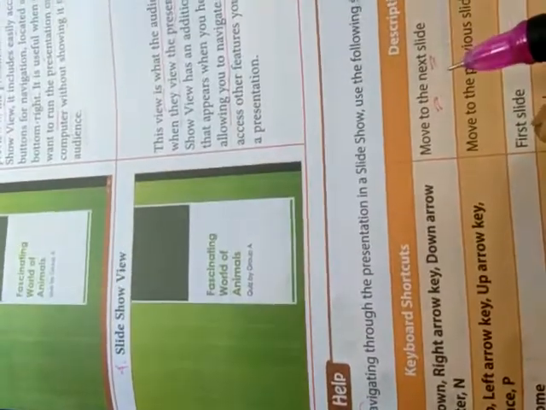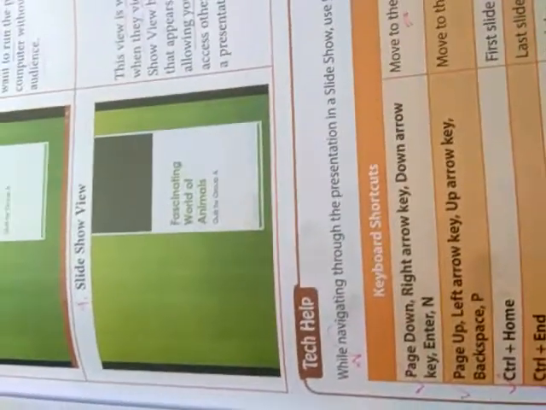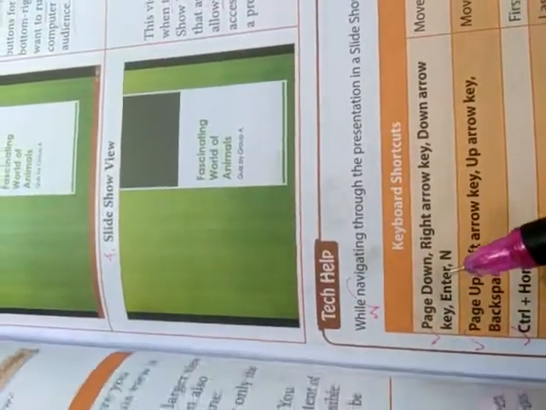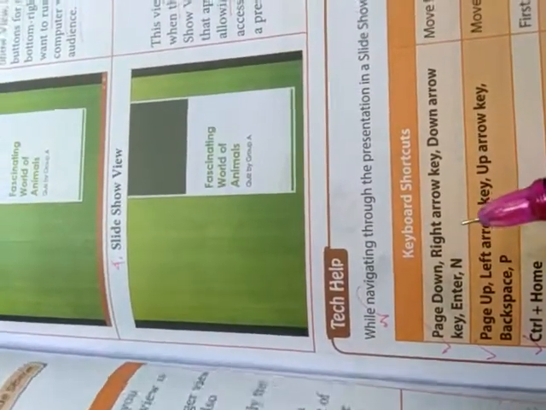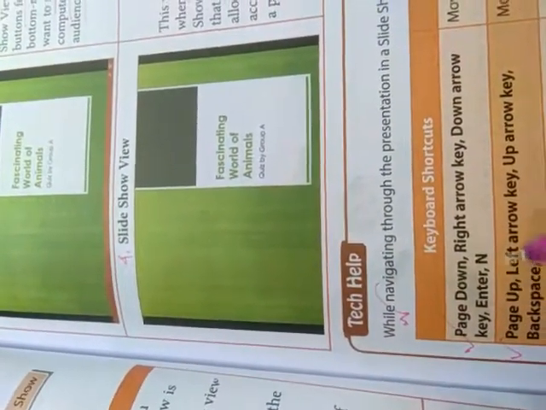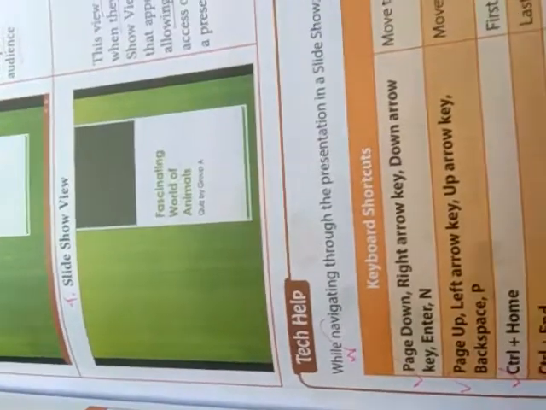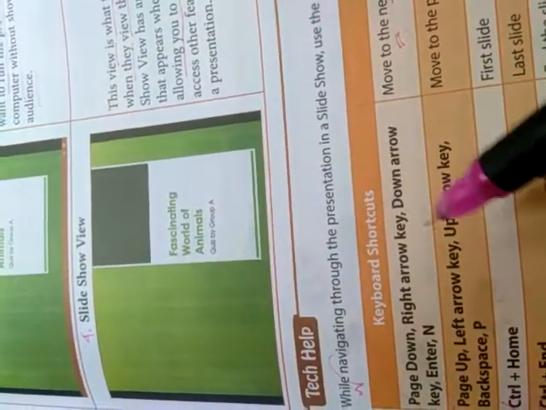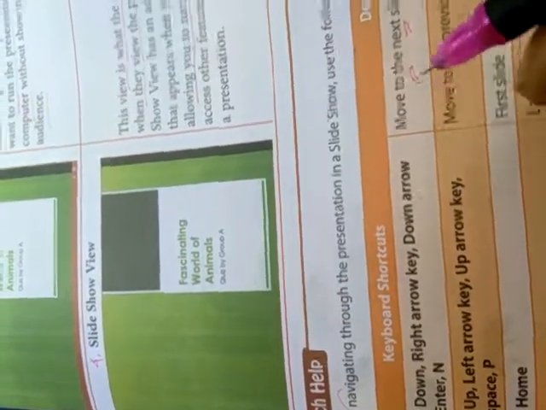Suppose I want to go from slide 1 to the second slide, we have to use shortcut keys such as Page Down, or Right Arrow, or Down Arrow, or Enter, or capital N. So using these shortcut keys of the keyboard, we can easily move from one slide to another.